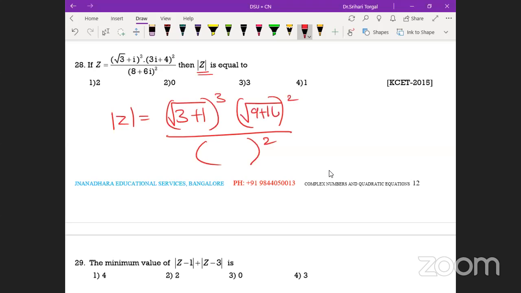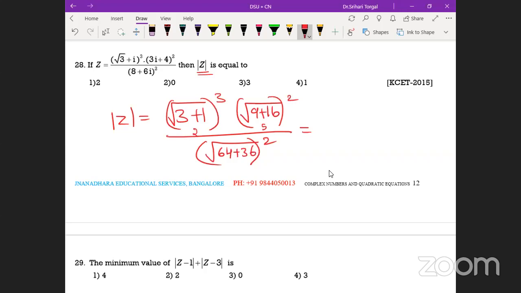This is modulus. Root of 9 plus 16. What is that? Root of 64 plus 36 is equal to. This is root 4, which is 2, right?